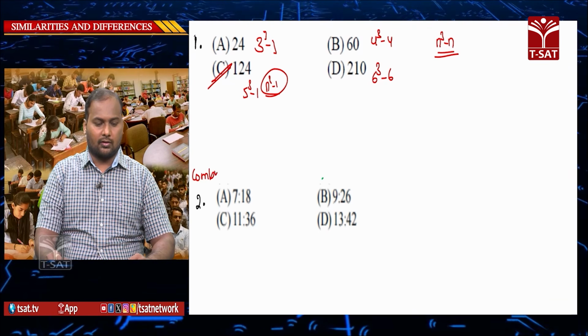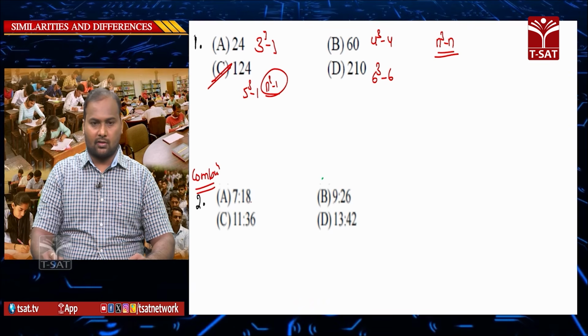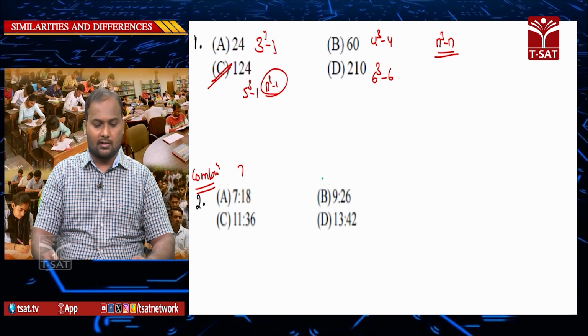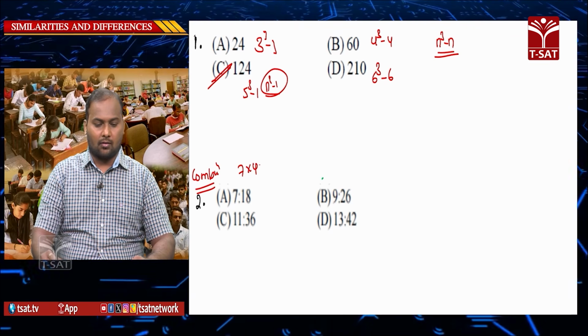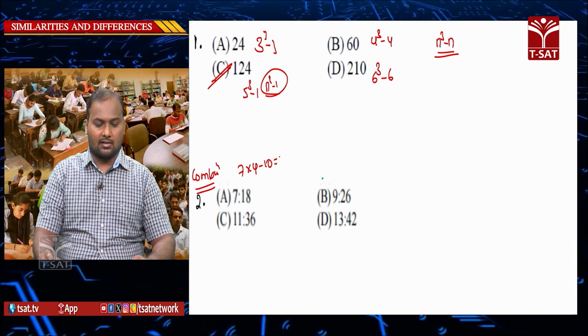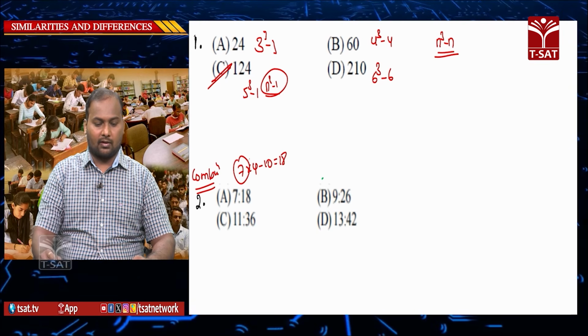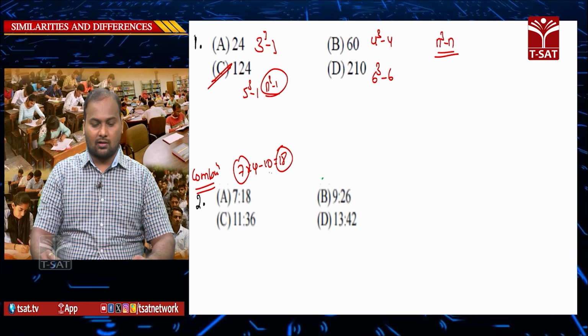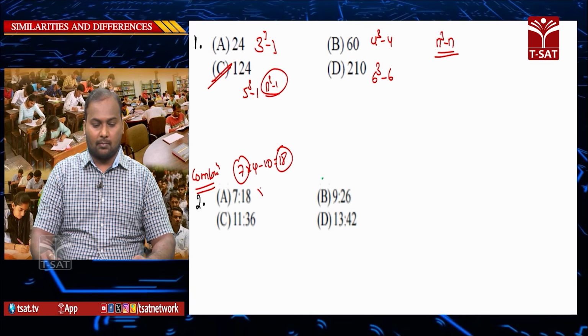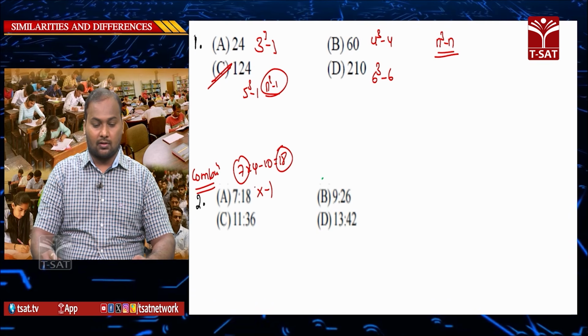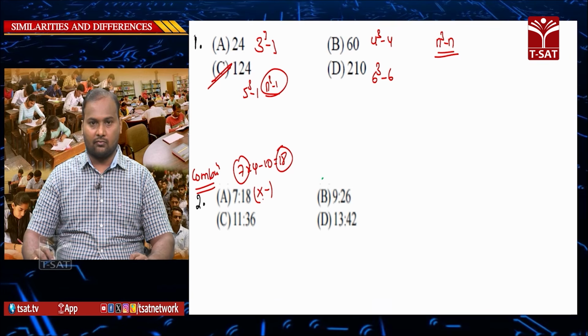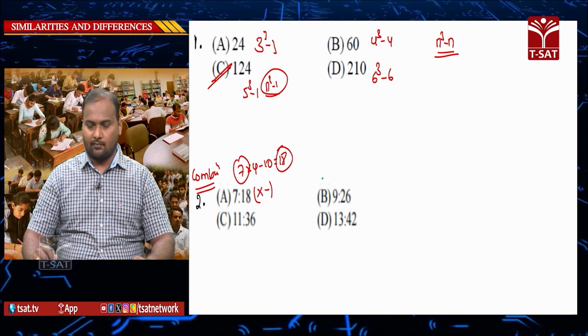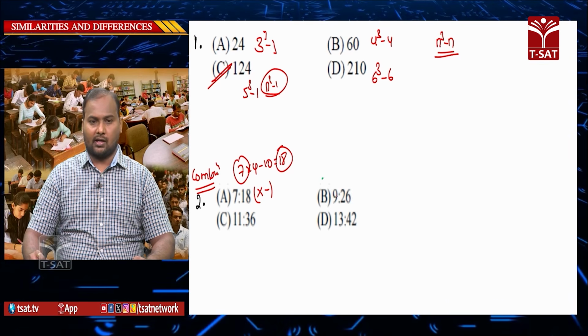What is that combination here? For example, 7 and 18. I can write 7 4 times is 28 minus 10. Then I will get the answer as 18. So we are having 7 and 18, and the logic in between is multiplication and subtraction. So this is the combination. In the same way you see 9 and 26.